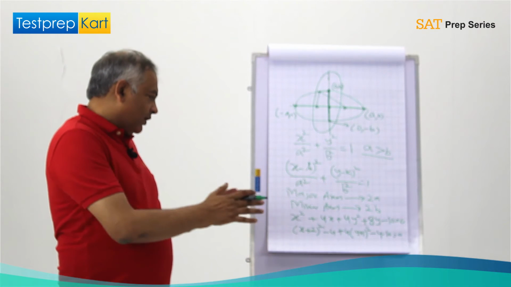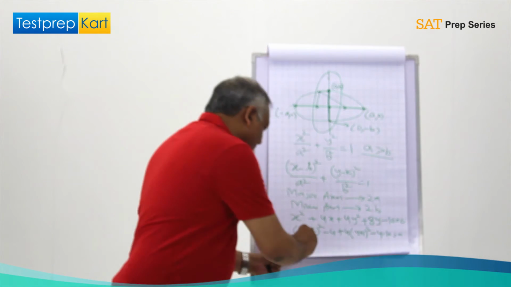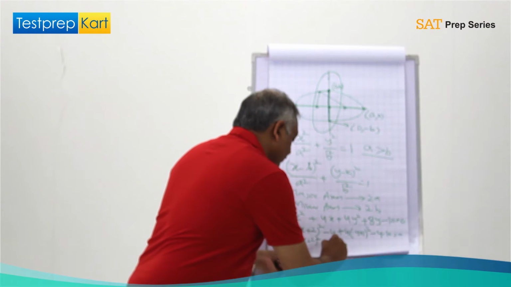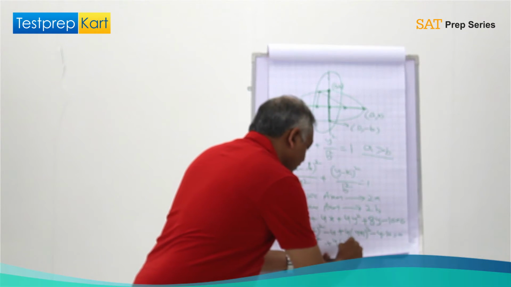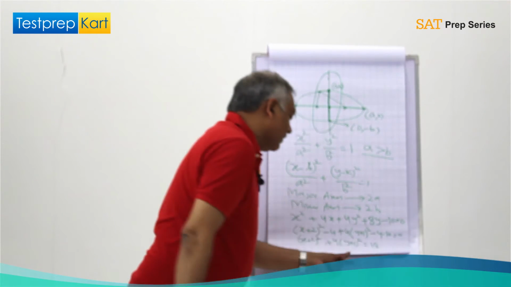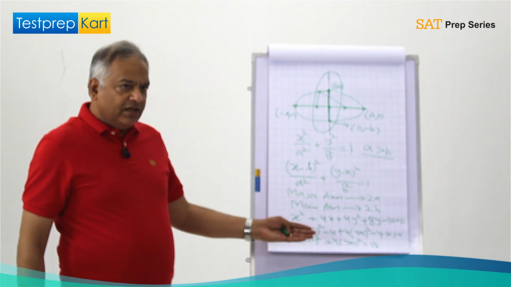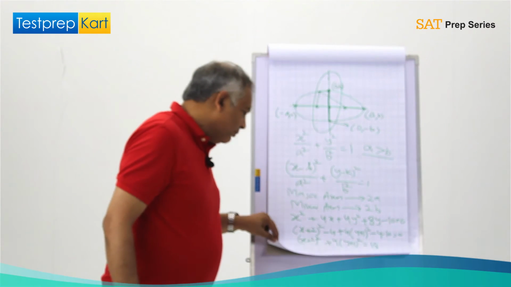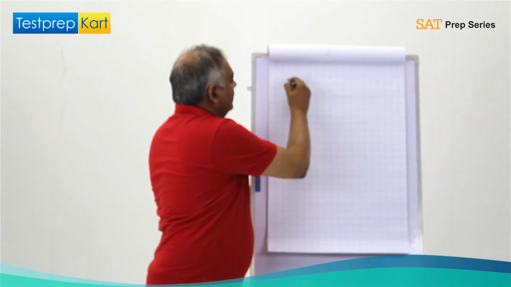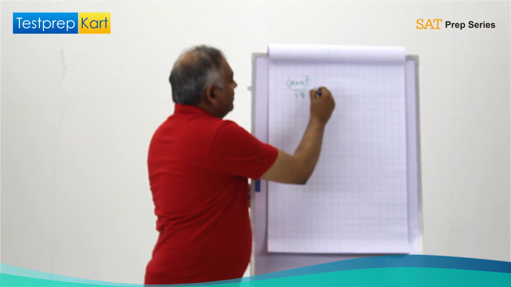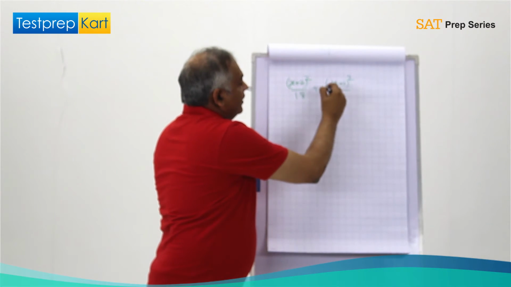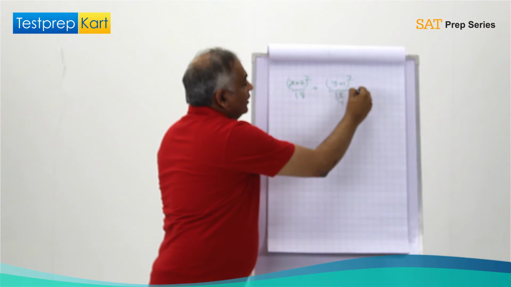Now if you rewrite this, it will become (x + 2) whole square plus 4 times (y + 1) whole square is equal to 18. And then divide by 18, it will become (x + 2) whole square by 18 plus (y + 1) whole square divided by 18 by 4 is equal to 1.